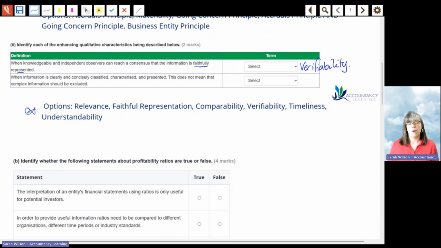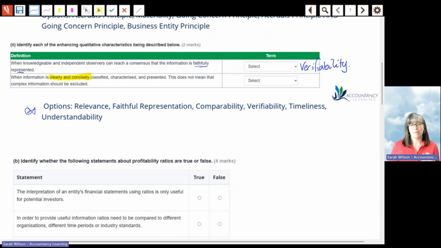The second one, when information is clearly and concisely classified, characterised and presented. This does not mean that complex information should be included. So when we're looking at this one, the key terms here are going to be the clearly and concisely classified.